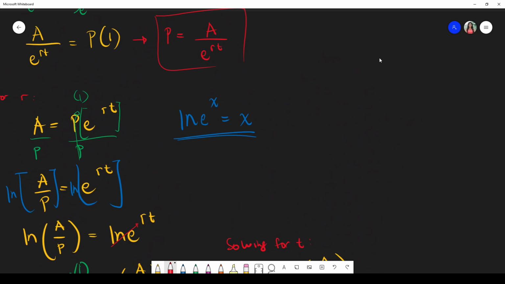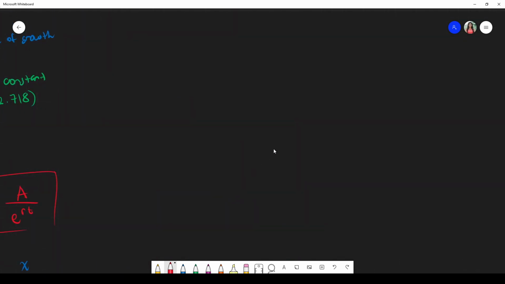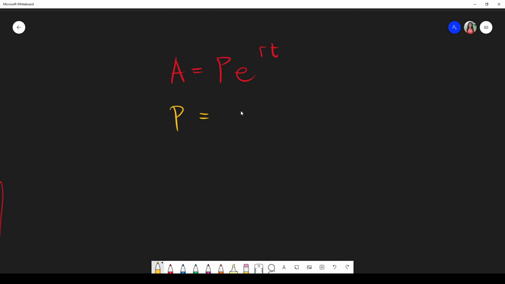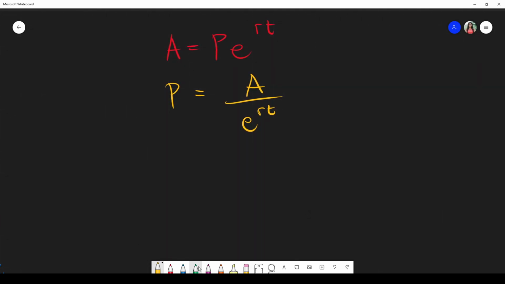So just a quick recap. Given the exponential growth model, A is equal to Pe raised to rt, if we want to solve for P, we just have to divide both sides by the term e raised to rt, which will leave us with A all over e raised to rt. Now, if our unknown is r, the formula for r is ln of A over P divided by t.